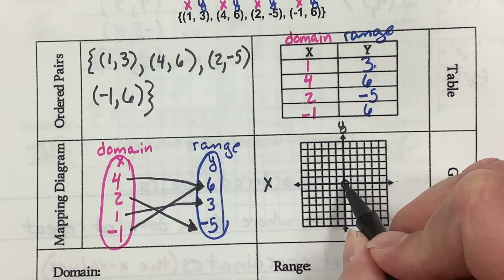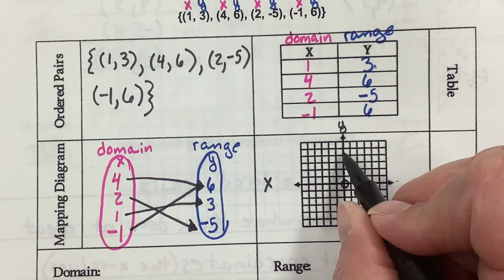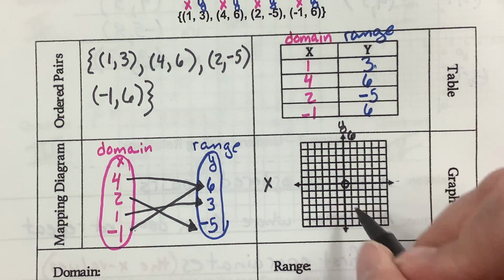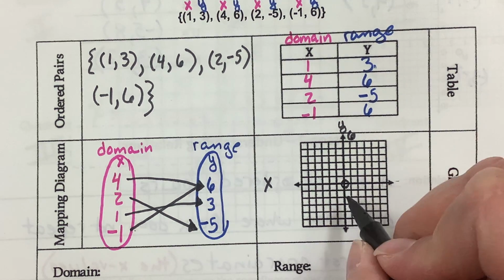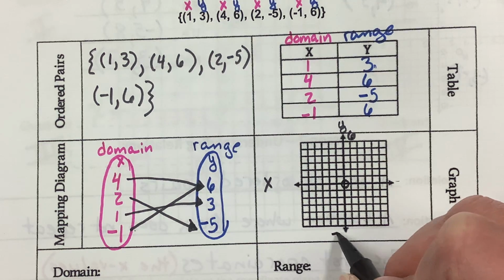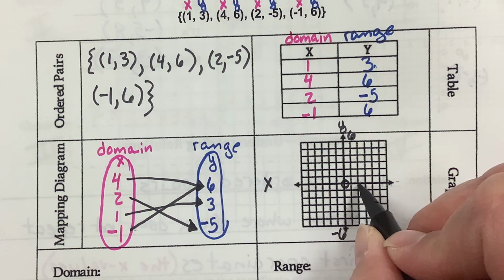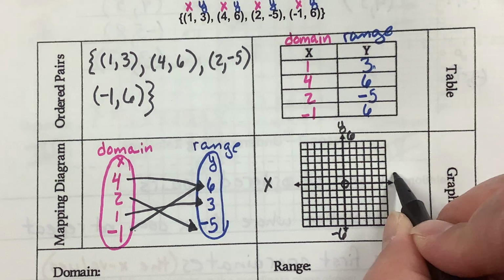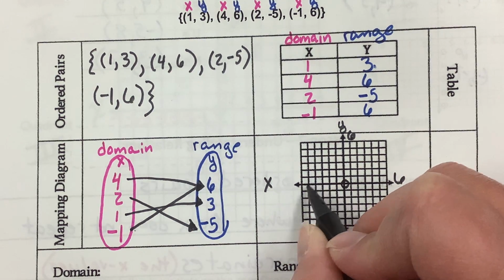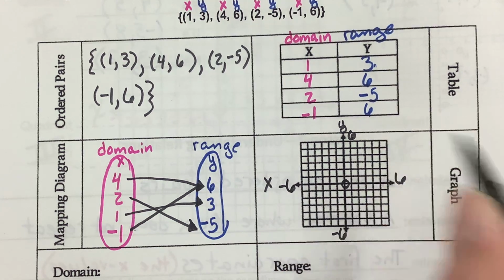So starting from 0, 1, 2, 3, 4, 5, 6. I'm going to put a 6 up there to show that each one of these boxes is worth 1. -1, -2, -3, -4, -5, -6. -6 going down. 1, 2, 3, 4, 5, 6 going to the right. And -1, -2, -3, -4, -5, -6 going to the left.